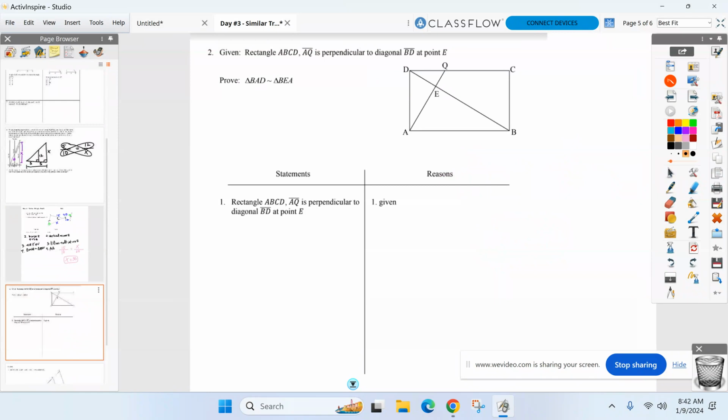And once you have them, let's highlight those two triangles I'm asking you to prove similar. BAD, DEA. Let's go.